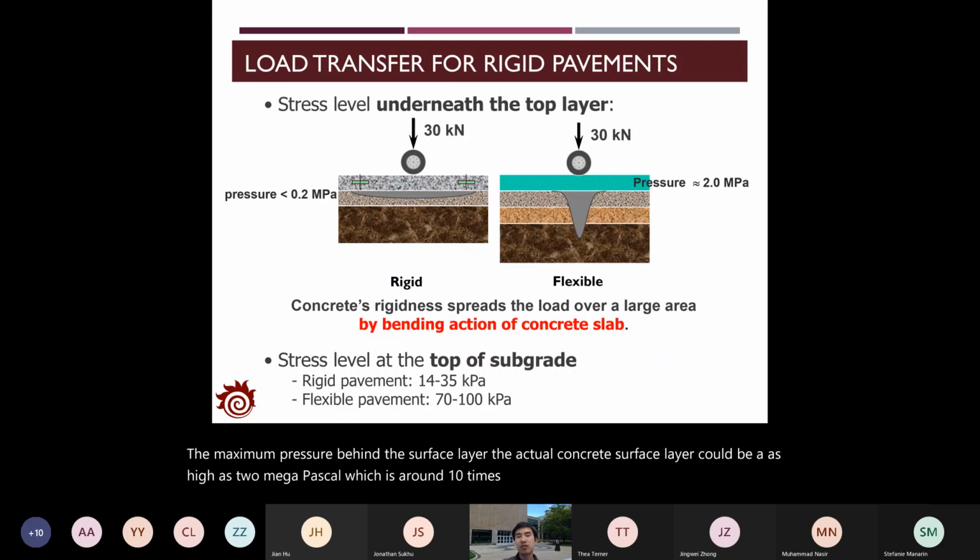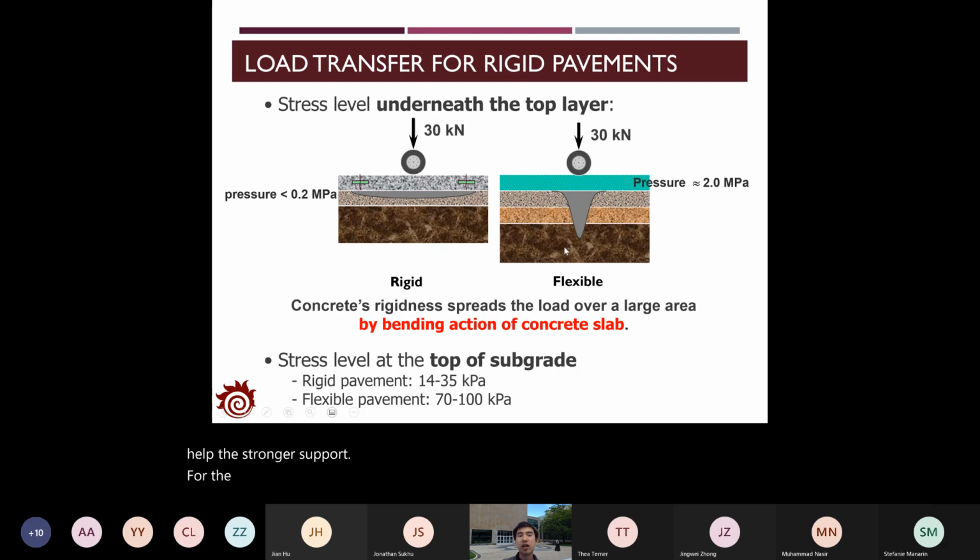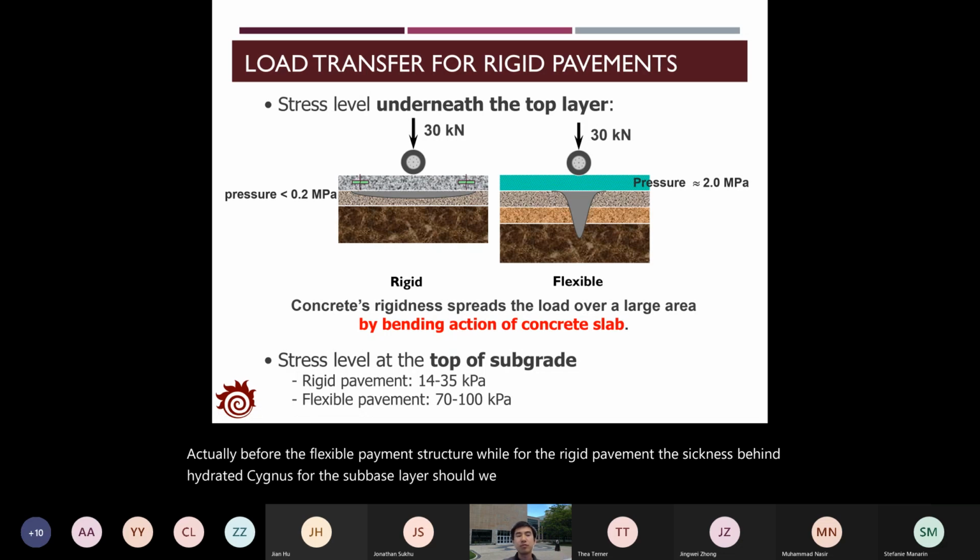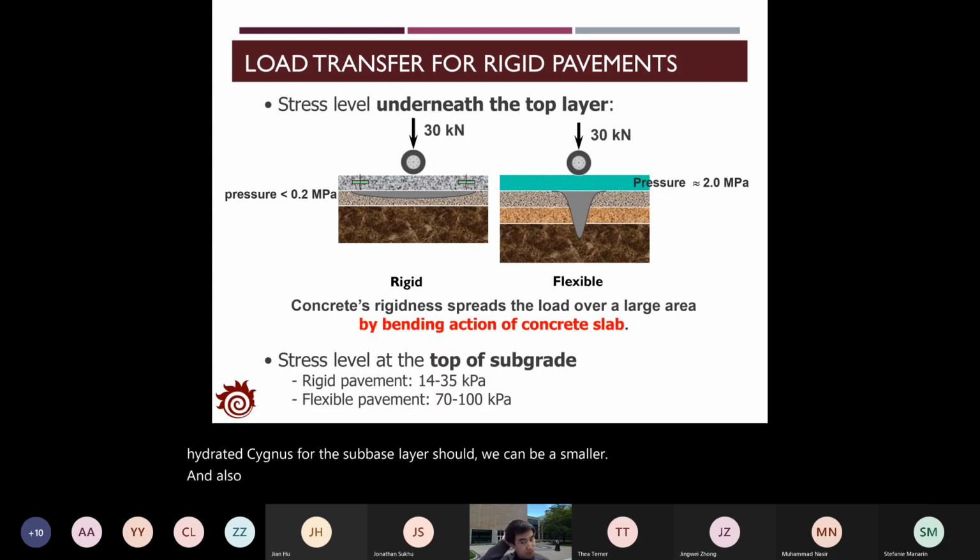This also indicates that we need to have a stronger support for the flexible pavement structure, while for the rigid pavement, the thickness of the subbase layer can be smaller. And so that's the difference between the rigid pavement and the flexible pavement.